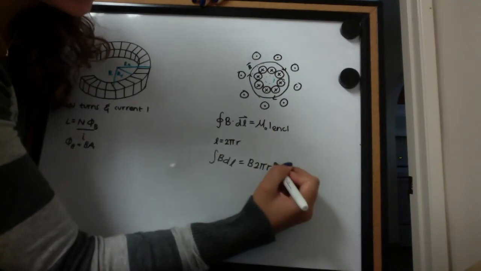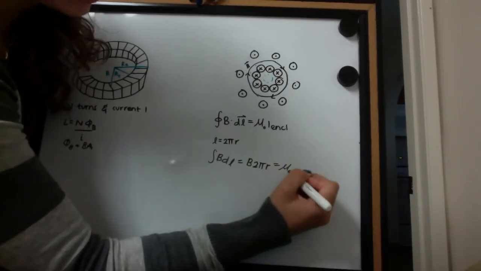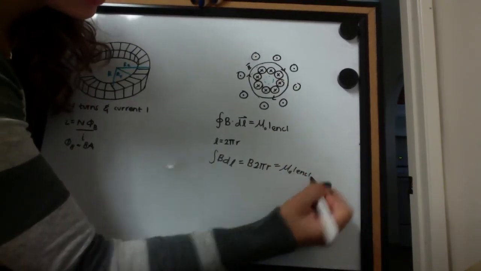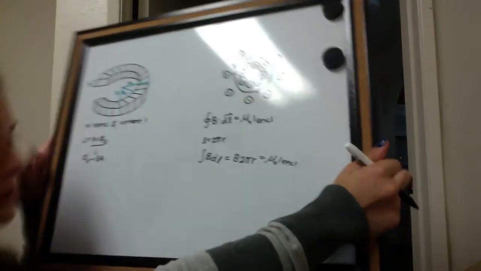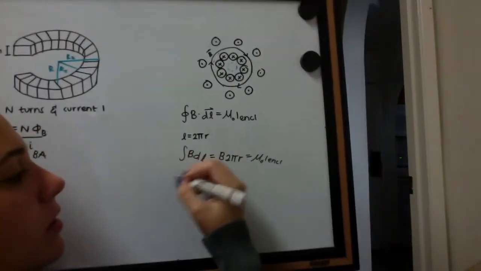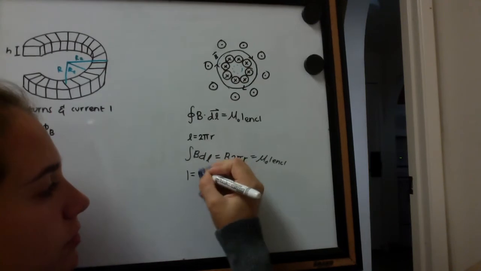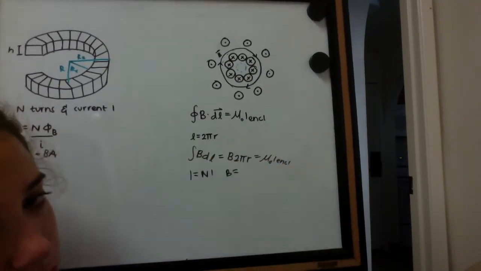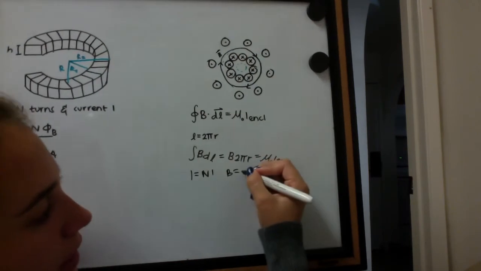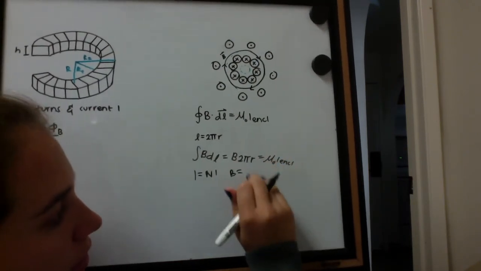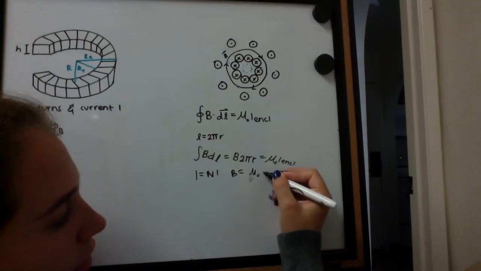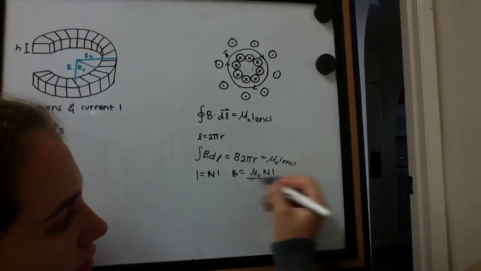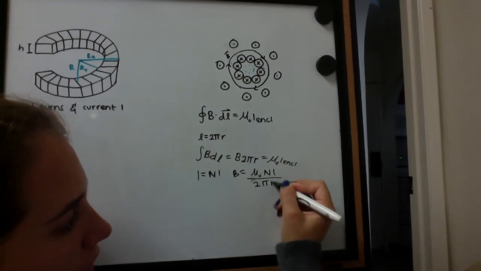Due to Ampere's law, this is equal to mu naught I enclosed. I enclosed equals the number of loops times I. So we have that B equals mu naught N I divided by 2 pi r.